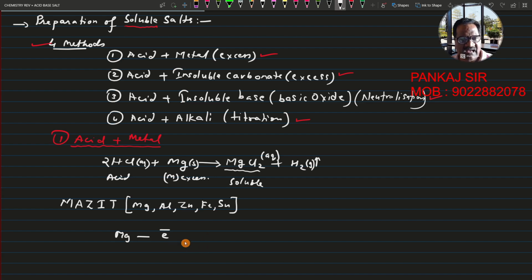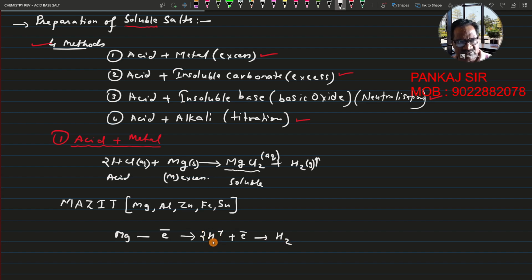And these electrons will be transferred, or taken away, by the hydrogen ion. This electron will be taken by the hydrogen ion, and hydrogen will be converted into hydrogen gas.